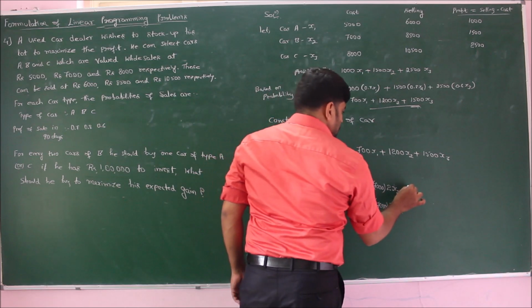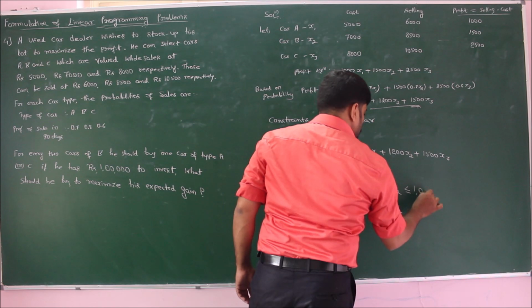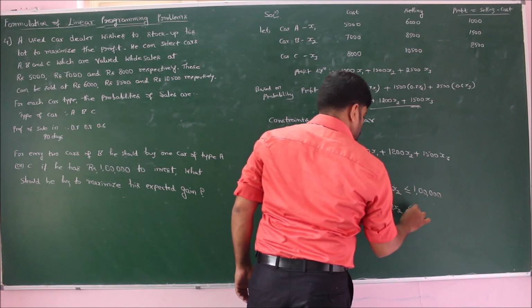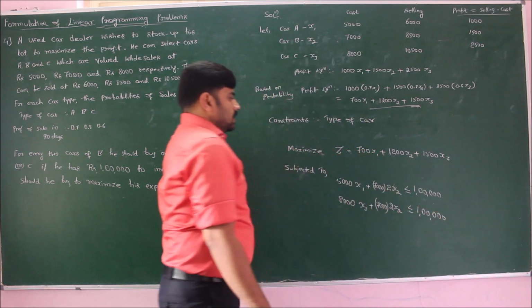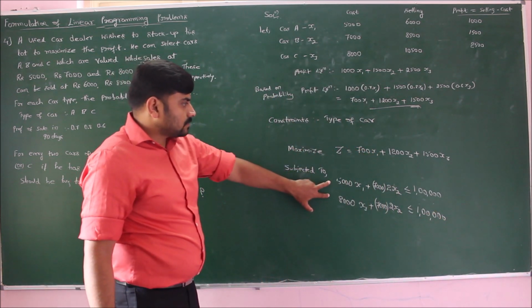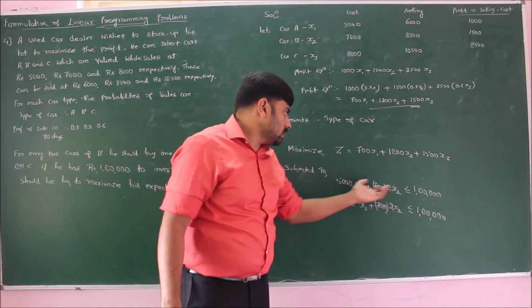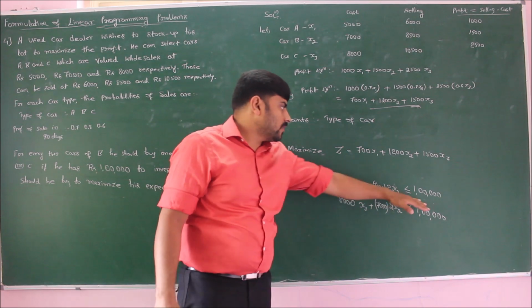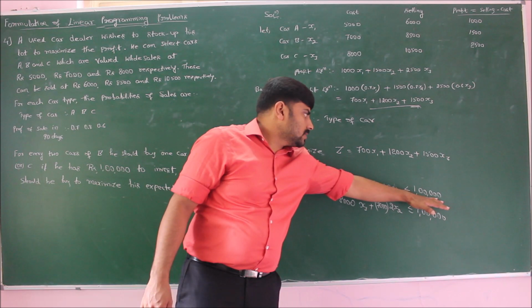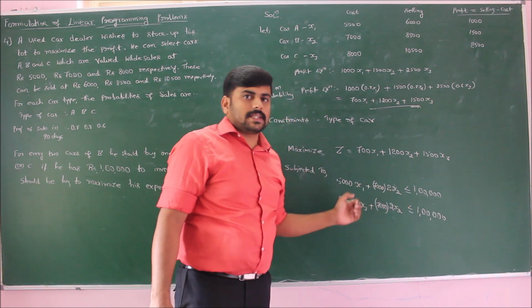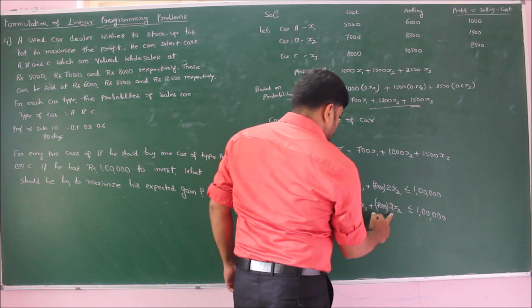But to buy these, he has only 1 lakh rupees with him. So 1 lakh is the maximum he can spend, and he should purchase for less than that only.